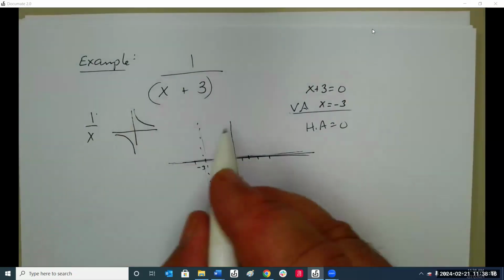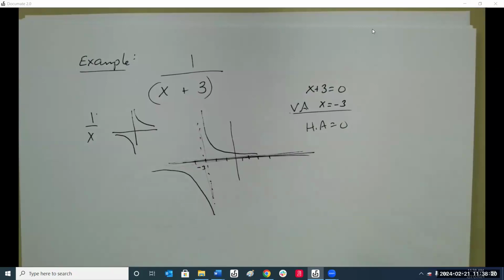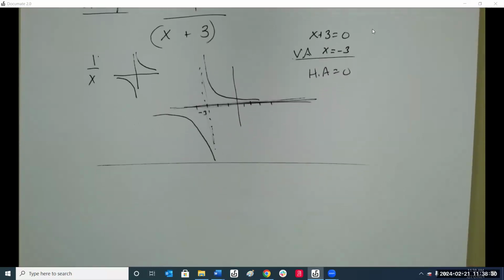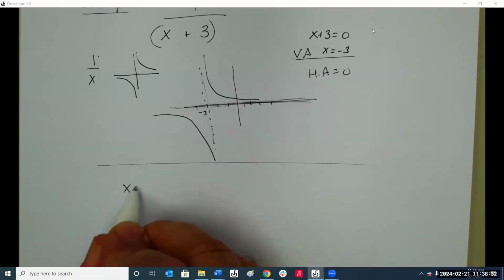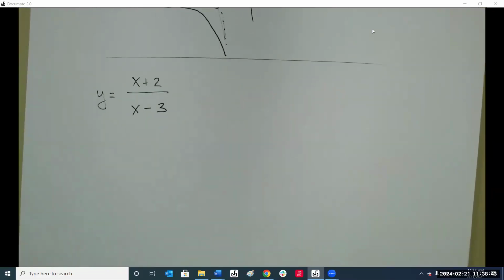So the function 1 over x is just shifted over 3 spaces to the left. Let's look at this one.